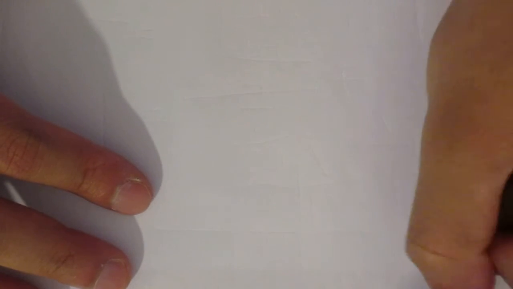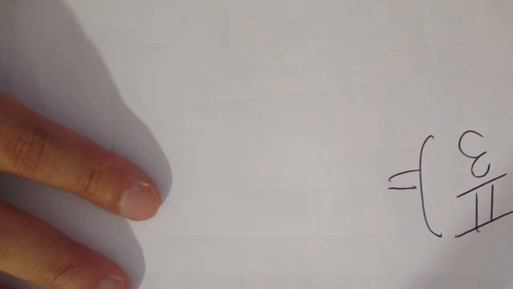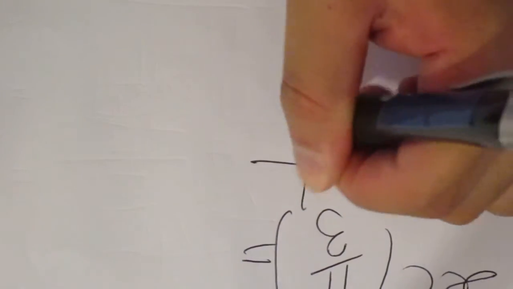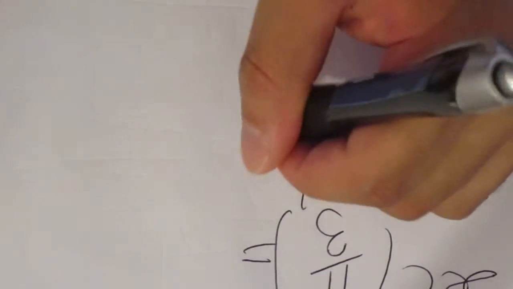What about the secant of, let's say, pi over 3? We know that secant equals 1 over cosine of x.